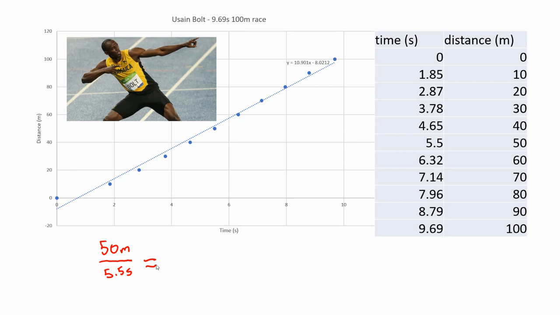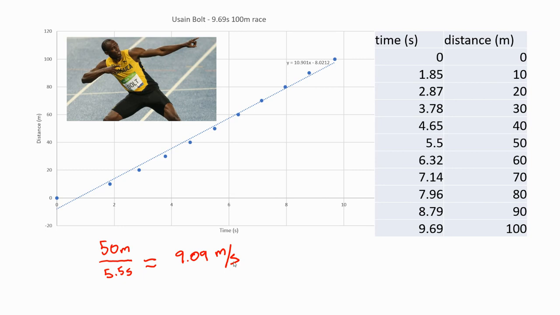You would notice if you went to other points during the race, his speed is a little bit different. So at 50 meters in 5.5 seconds, he's running 9.09 meters per second. That's his speed at 50 meters.